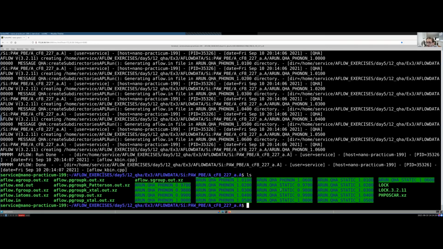And also there will be 10 directories for 10 static DFT calculations. In this case, you will want to do VASP calculations in each static directory, then also go to phonon directories and generate phonon subdirectories there. And in those subdirectories, you will need to run VASP again. Also, you can use AFLOW multi to do it for you.